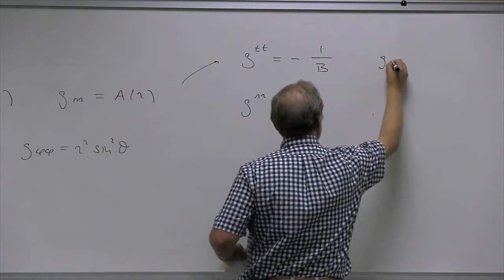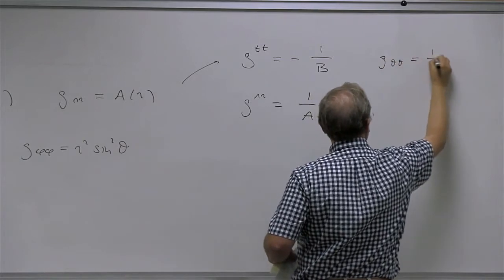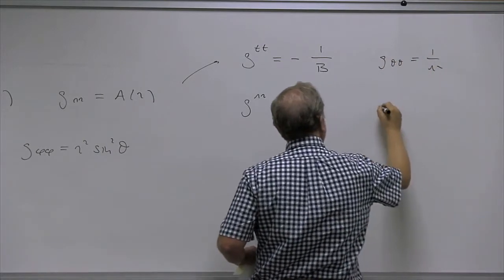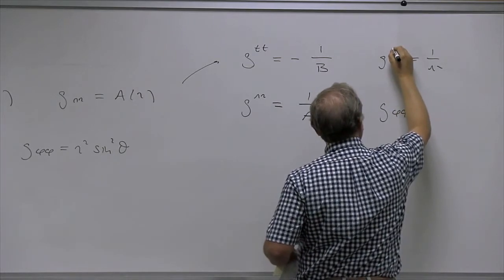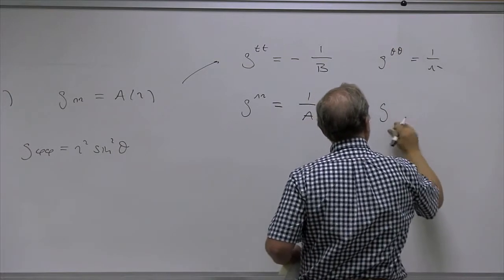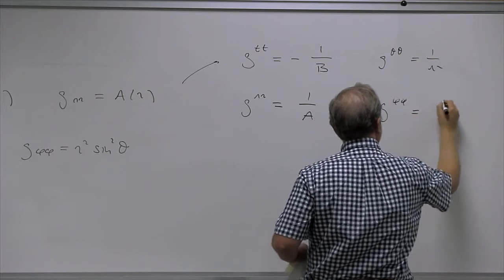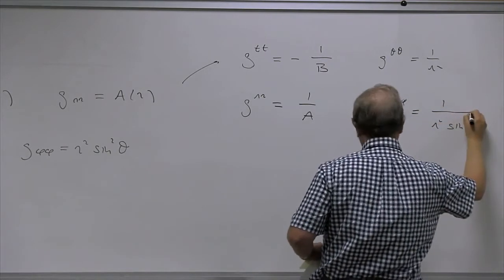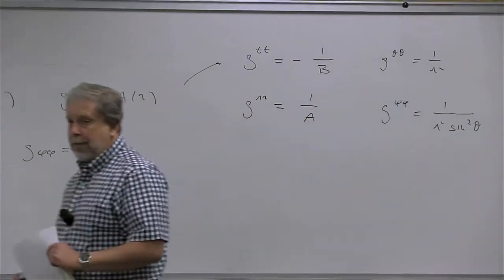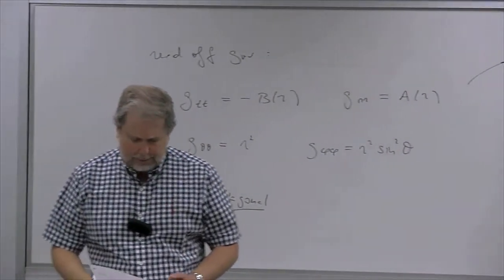So the g^theta theta is 1 over r squared, and the g^phi phi is 1 over r squared times sine squared theta. So working out the inverse of the metric is not a big deal in this case.